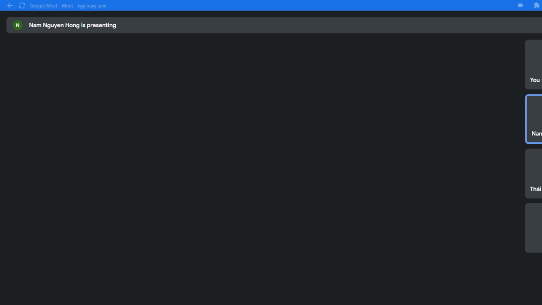Root mean square speed can be calculated using this formula: the square root of 3RT over m. Here we have RT over m, here we have m over RT. Then you can express the root mean square speed in terms of pressure and density.